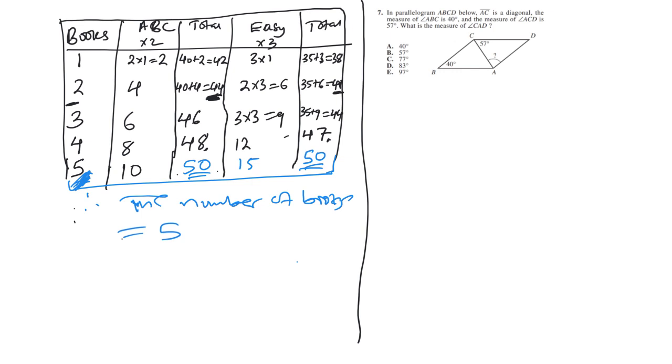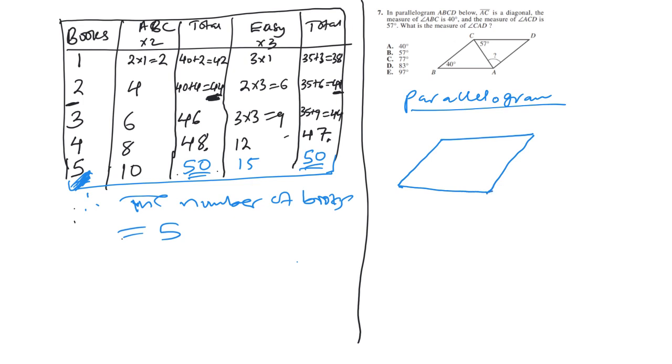All right, look at question 7. Question 7 is about a parallelogram, and there is something you have to know about a parallelogram. Two opposite sides must exactly be equal, and even two opposite angles are equal.